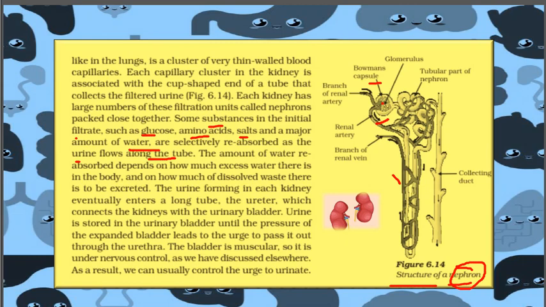The amount of water that is reabsorbed depends on how much excess water there is in the body, and how much dissolved waste there is to be excreted. So the absorption depends on how much water we have in our body.